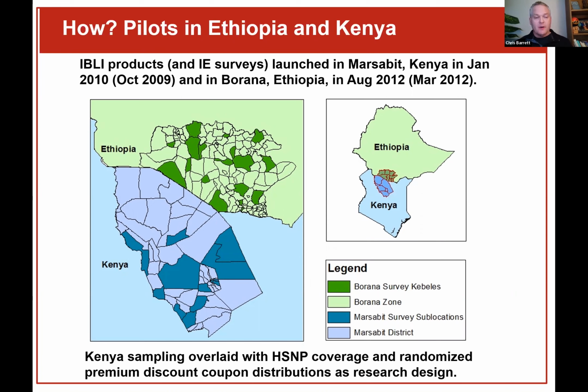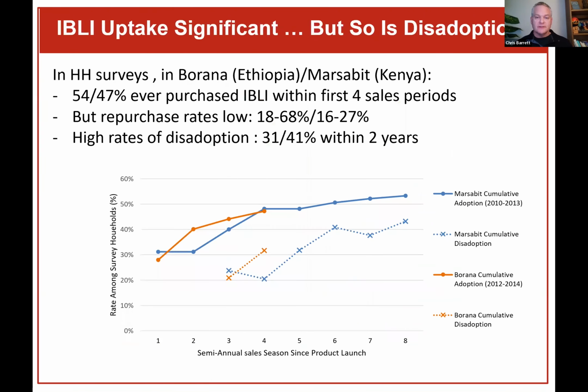We likewise randomized discount coupons for purchase of IBLI in areas of Barret and southern Ethiopia. And we could use that design to both compare IBLI against HSNP in the Kenyan case, and in both cases to be able to come up with a credible experimental design so that we could identify the causal effects of IBLI on the ultimate impacts on the target pastoral, agro-pastoral populations.